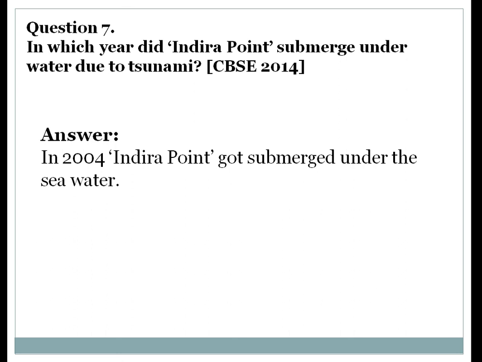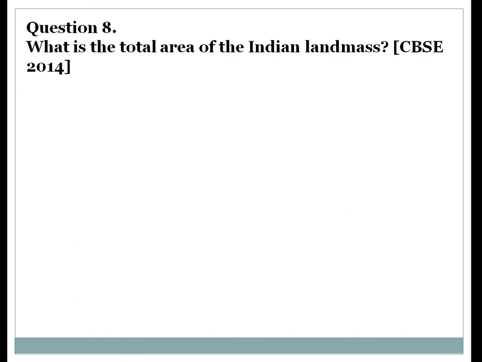Moving on to question number 8. What is the total area of India, or what is the total area of the Indian landmass? We already saw this. Let's check out the answer.